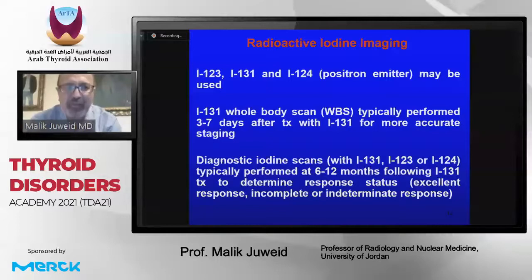It's a little bit expensive and not readily available, but it produces better images because it's a pure gamma emitter. And then you have iodine 124, which is a positron emitter. So you can do PET scans with it, iodine 124, PET CT scans. And these also have high contrast and resolution.